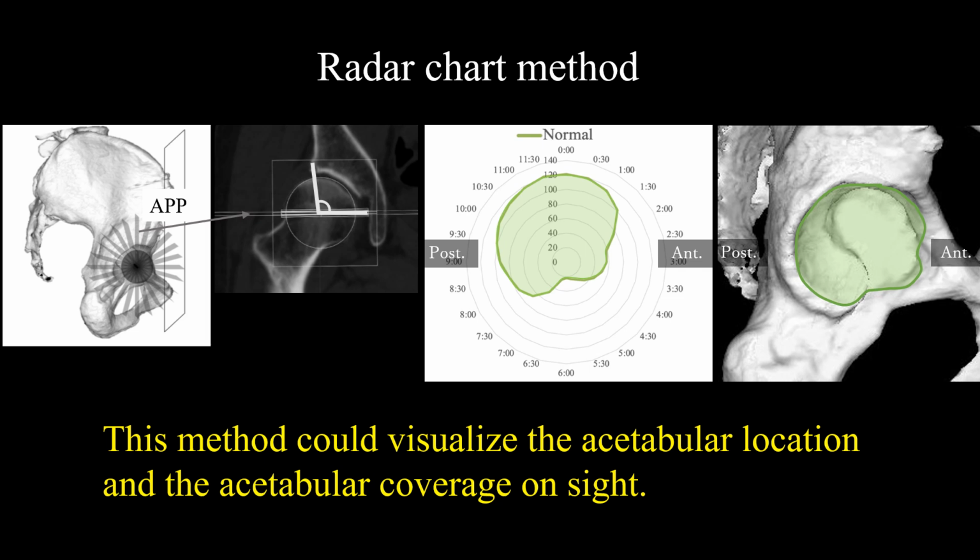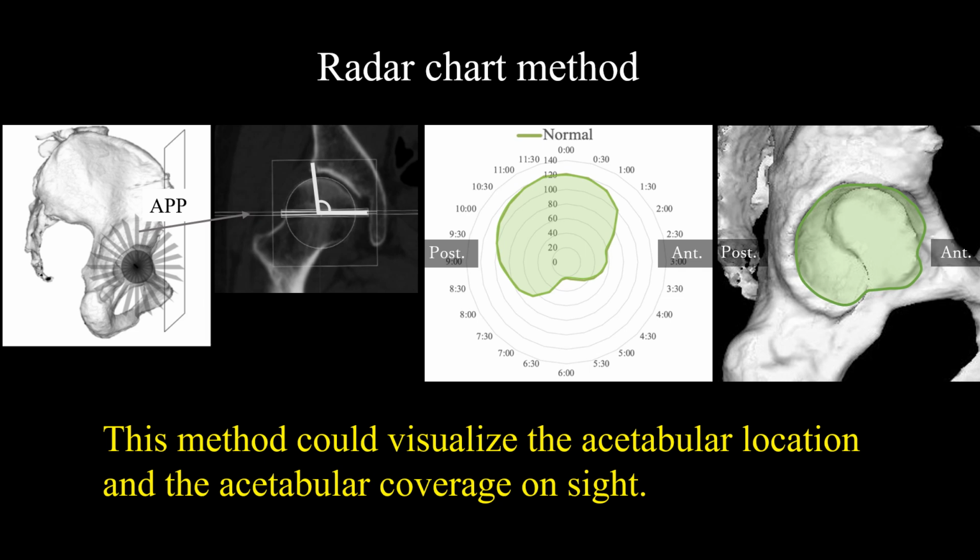I would like to explain the radar chart method. We define the axis parallel and perpendicular to the anterior pelvic plane (APP) and passing through the center of the femoral head. Multiple radial planes were created along this axis, and acetabular coverage angles were measured in each plane. We described these angles using radar charts.